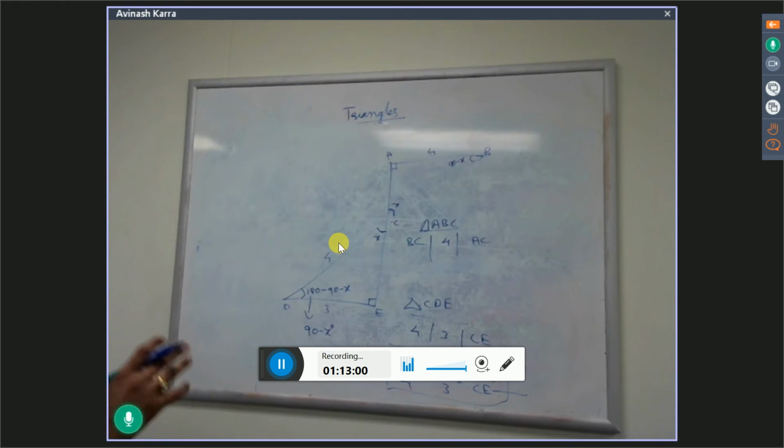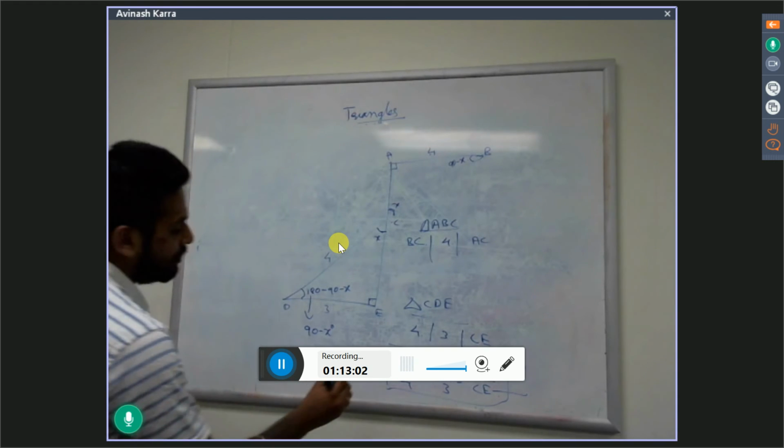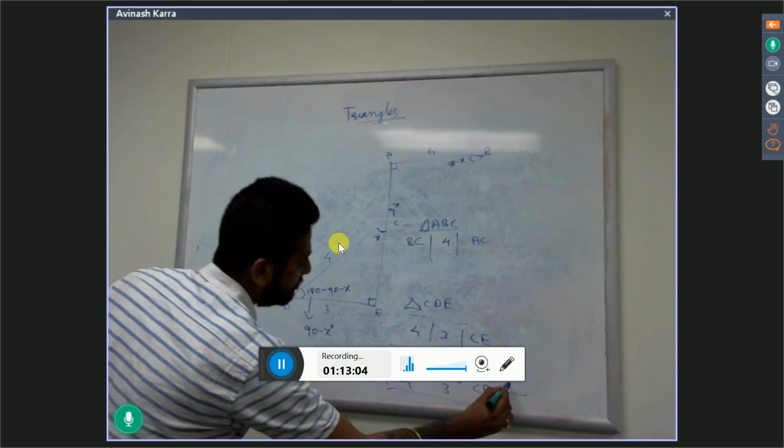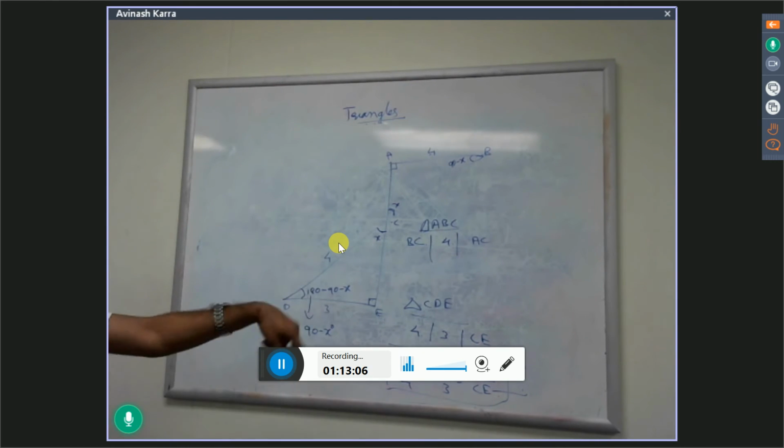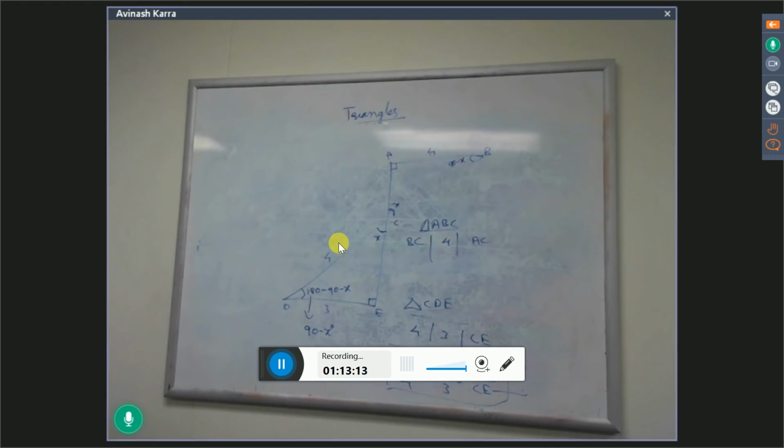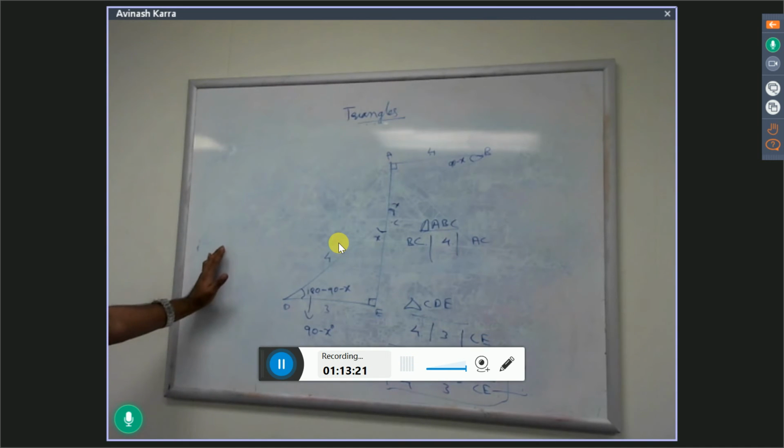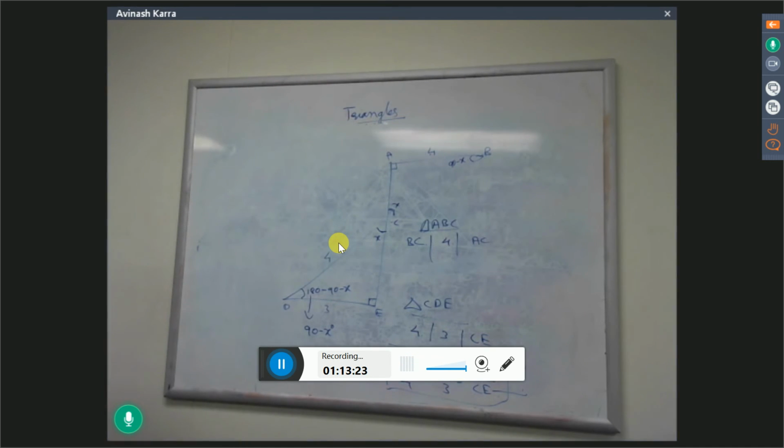Corresponding sides will be in the same ratio. So using that property, I got this equation. From this, I can find any length value. Is it clear? Yes.